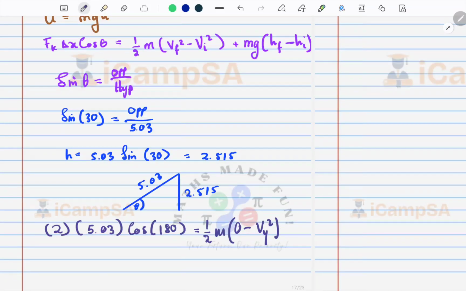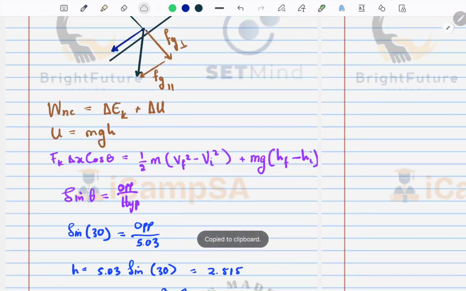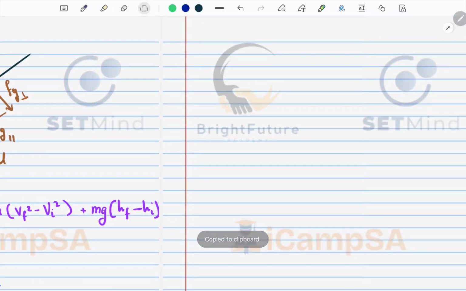And then plus your mg, 9.8. Your final height here is 2.515, then minus 0, because we start from the ground up. Okay, so we can just take this part to the next page.